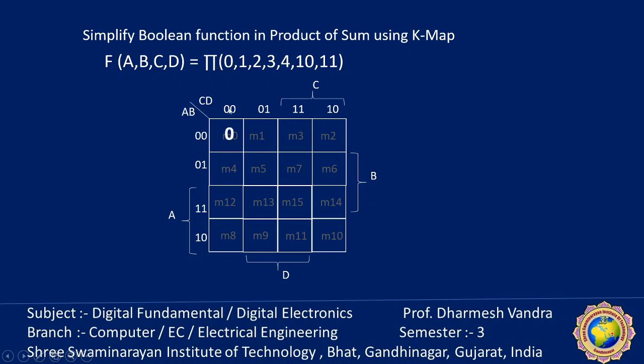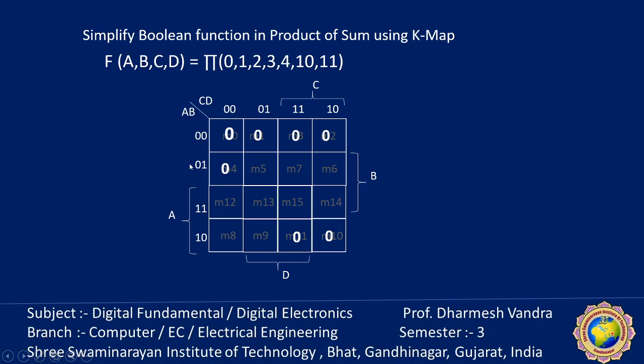So M0, 1 is here, so M1, POS maxterm is 2, so here we put 2, 3, so this one is 3, fourth maxterm, so this will become 4th, 10th is here, and 11th is here. 4, 5, 6, 7. 7 maxterms are there.